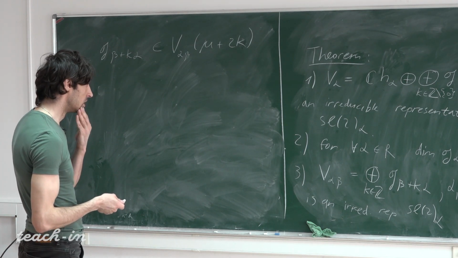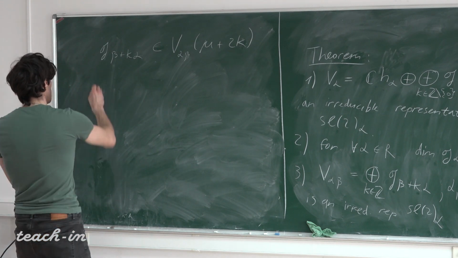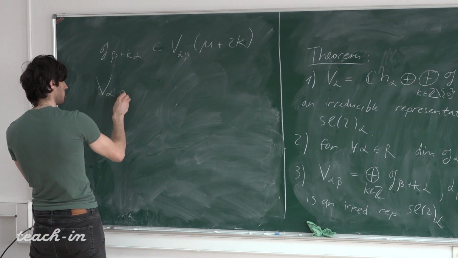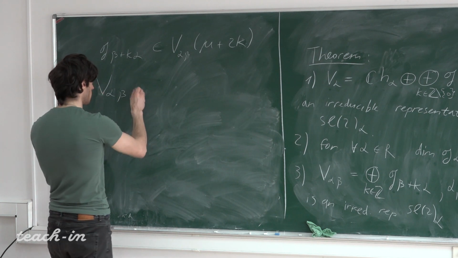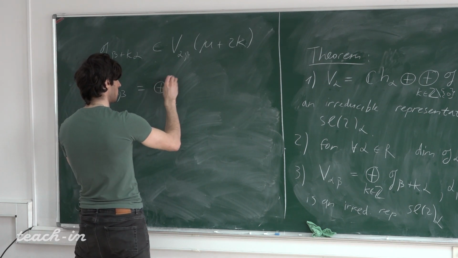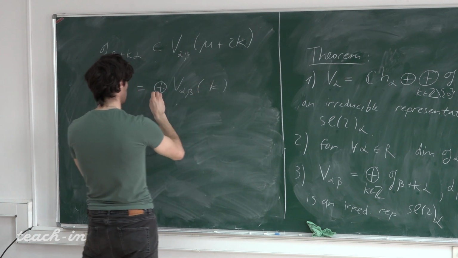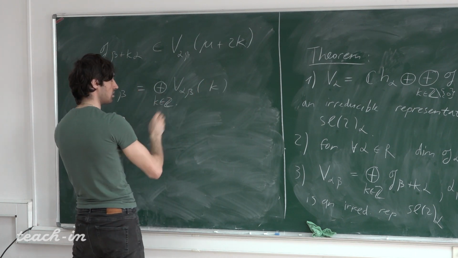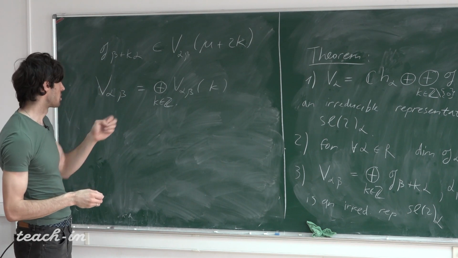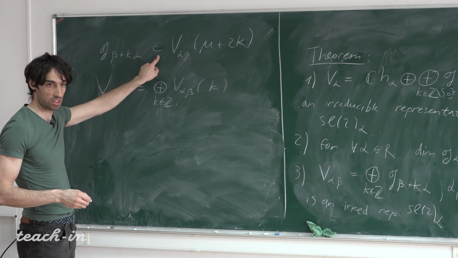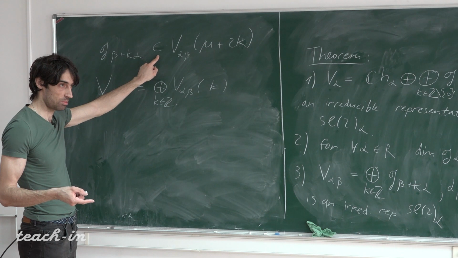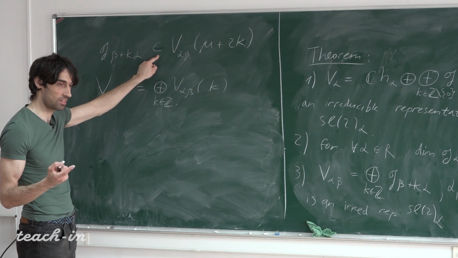But since we have a weight decomposition of V alpha beta, suppose at least one of these inclusions is proper, not equality.